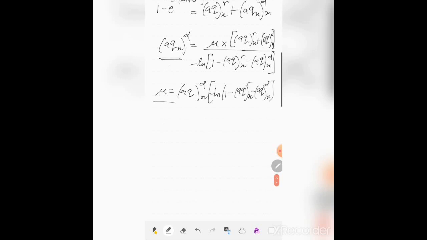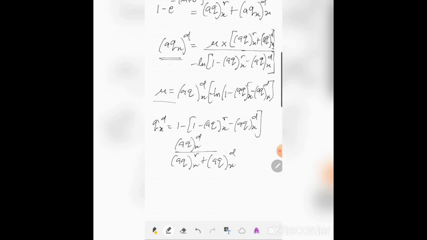So how do you get qxd? qxd is the same as 1 minus aqxr minus aqxd, to the power of aqxd divided by aqxr plus aqxd.